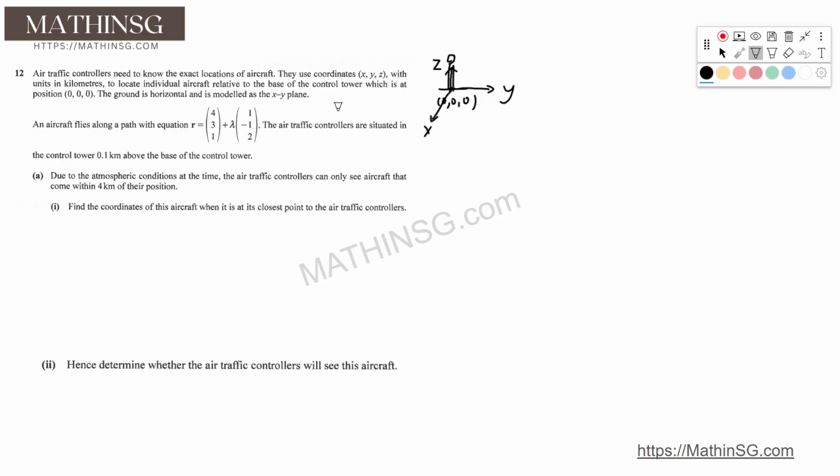So in other words, the air traffic controllers, where are they? They are at 0, 0, 0.1, because they are situated in the control tower 0.1 kilometer above the base.